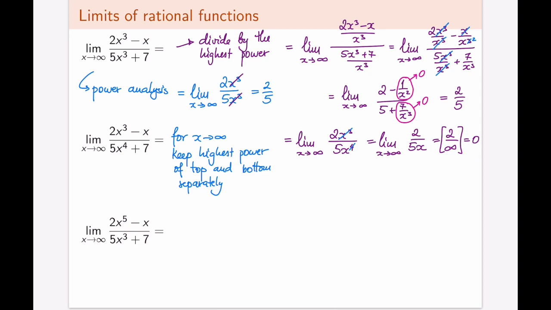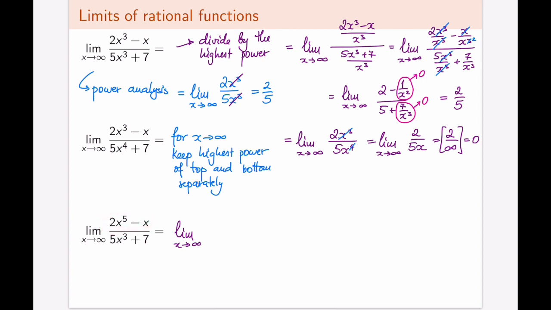So again, instead of going through the hoops of the algebraic manipulations, I can simply manipulate my function using the power analysis to be much simpler and then use the simple division to justify the value for the limit. And then finally, this last one, similarly using the power analysis, I can say that this limit is the same as the limit where I only keep the highest powers.